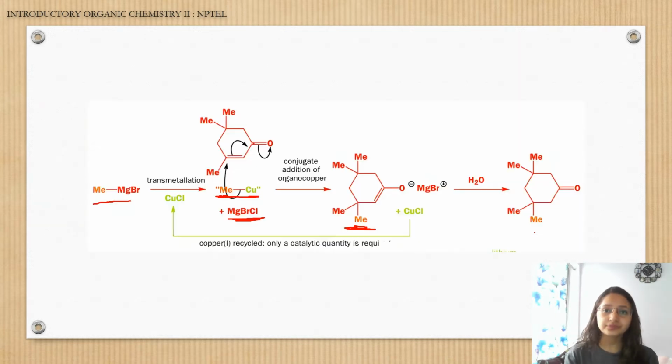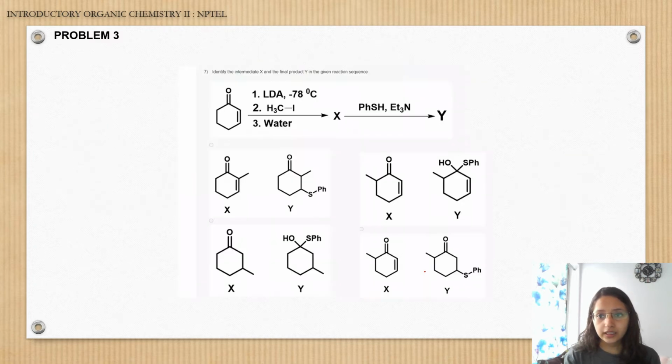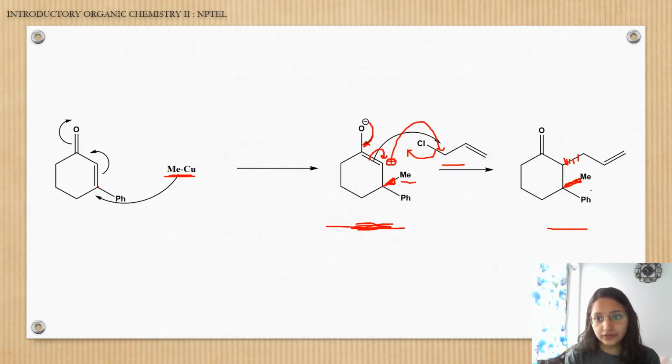Yes, ma'am. So now, if it is going to give you this kind of trans geometry, tell me, is it the methyl which is more bulky or the phenyl which is more bulky? Phenyl is more bulky, right? So if you are showing the methyl above the plane, then this phenyl is definitely dash.